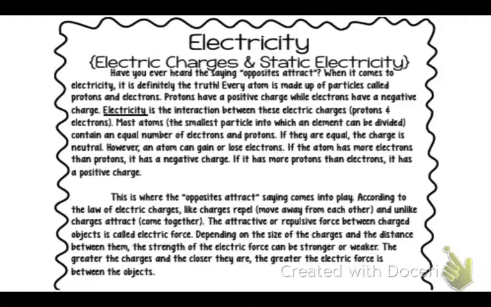The attraction or repulsive force between charged objects is called electric force. Depending on the size of the charges and the distance between them, the strength of the electrical force can be stronger or weaker. The greater the charges and the closer they are, the greater the electric force is between the objects.